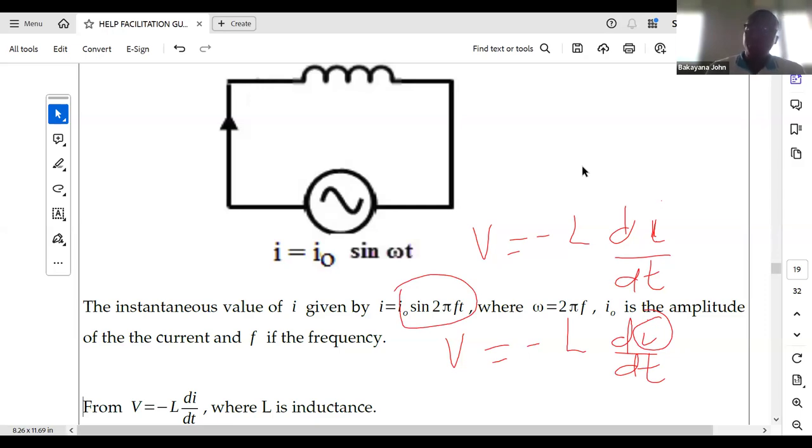Is that okay? So when I substitute, what do I come up with? Show the working, please. Okay, let me show.